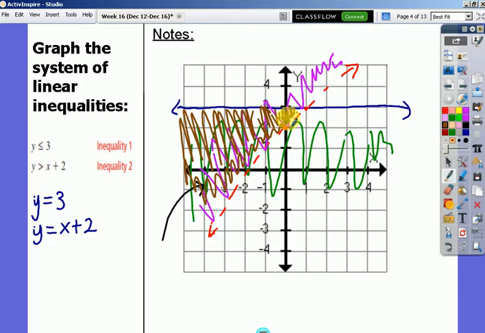So if you're just working with a pencil, just make sure that this area is shaded in very darkly, because everything else is just a solution to that particular inequality, but not to the system itself. Do you have any questions about that? It's exactly what you've been doing, you're just shading more than one in your graph, finding the intersection.